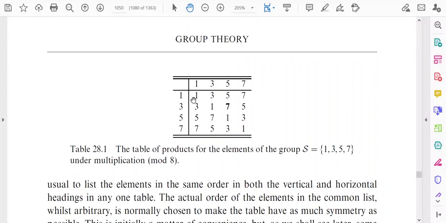Now how does the identity appear? For example, suppose this is the first identity 1. Now 1 has been generated by the multiplication of this 1 and 1. Similarly, this 1 has been generated by the multiplication of this 3 and 3. So 3 into 3 is equal to 1. Similarly, 5 into 5 is equal to 1, and 7 into 7 is equal to 1.